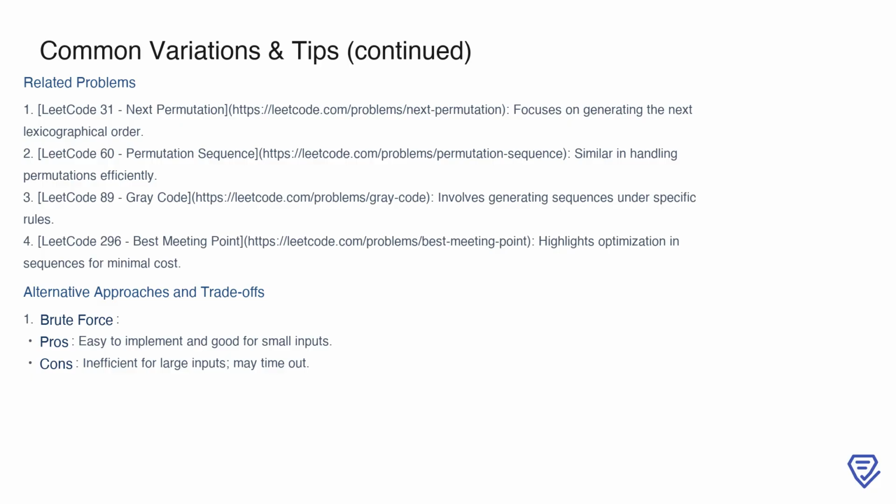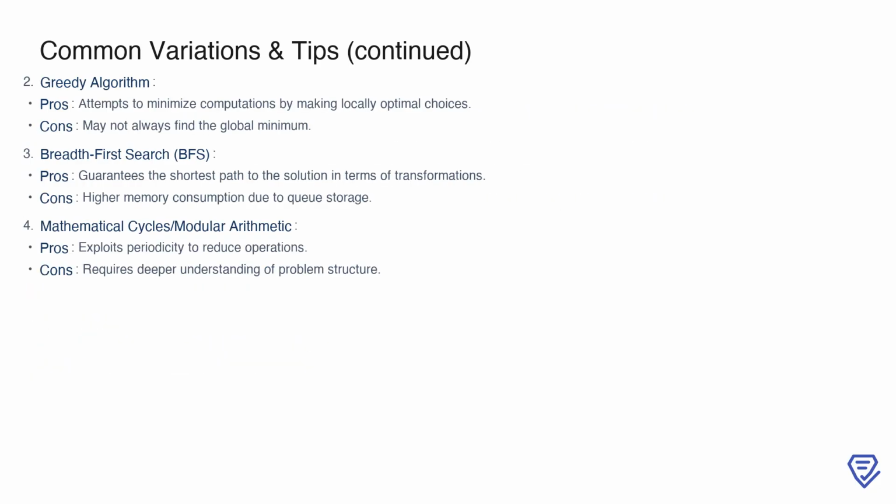Now, when considering alternative solutions, brute force is a straightforward approach. It's easy to implement and works well for small inputs, but it's inefficient for larger ones and might time out due to its computational complexity. For more efficient approaches, a greedy algorithm can be considered. This method attempts to make locally optimal choices at each step, minimizing computations.